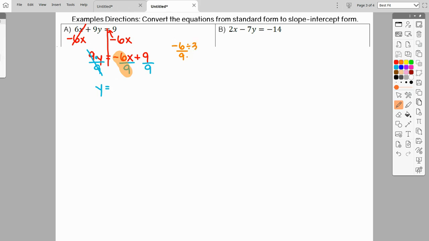So I'm going to go ahead and do that to get a -2 up top and a 3 on the bottom to simplify that fraction. Keep it in front of x. Last step is I just do this division of 9 divided by 9, which is going to be a +1. My final answer is y equals -2/3 x plus 1.